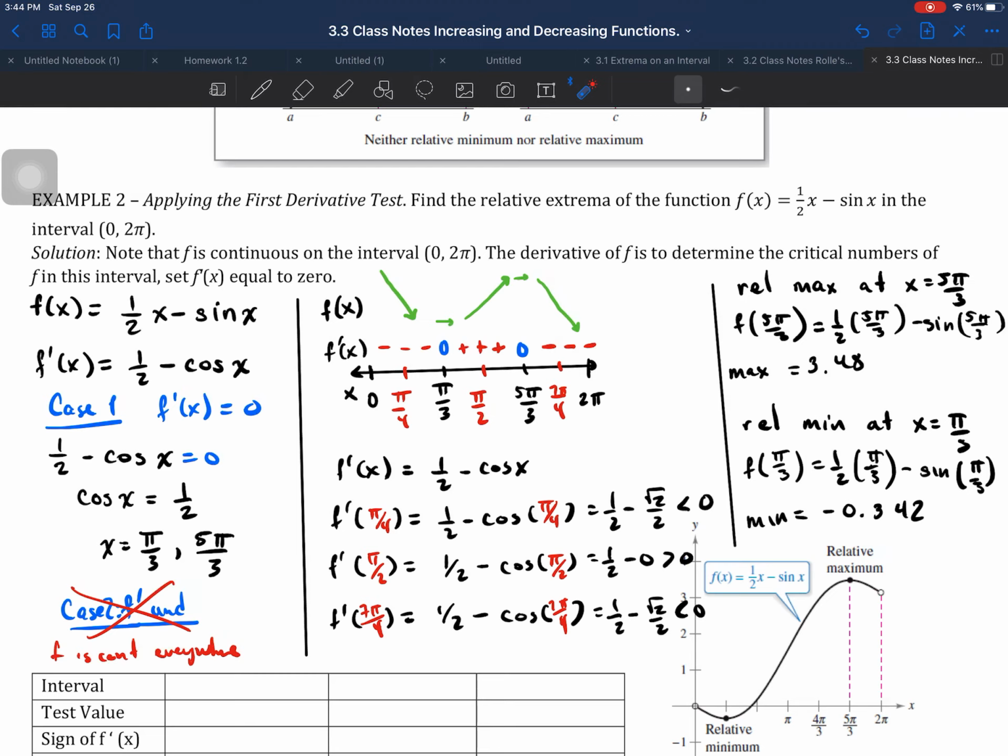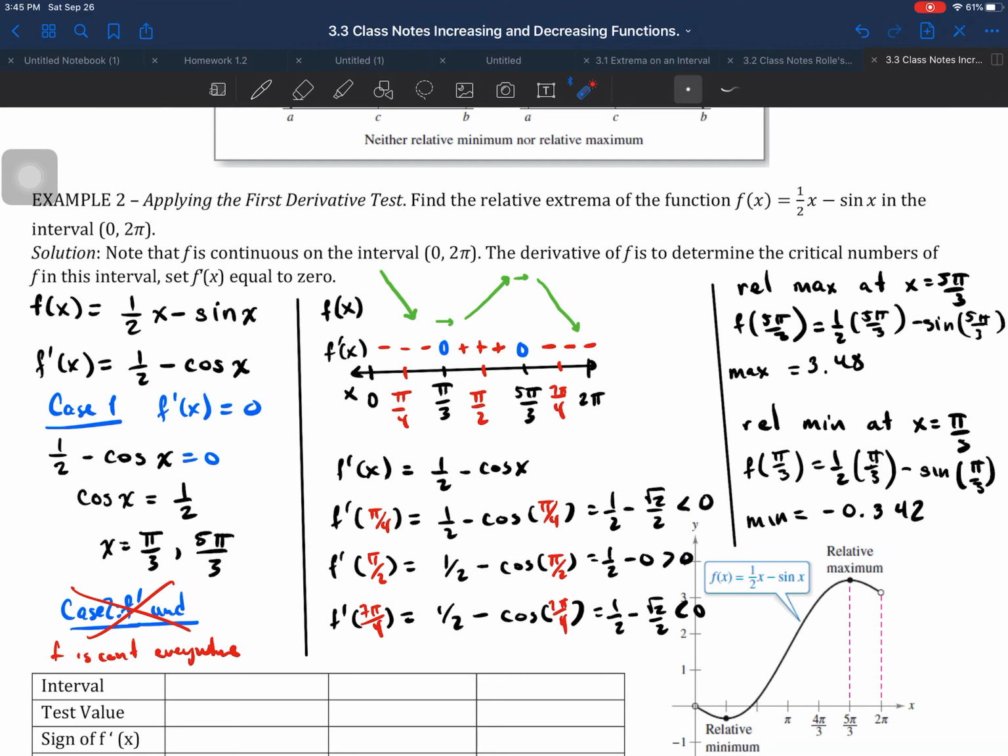So I plugged in 5 pi over 3 into the equation: 1/2 times 5 pi over 3 minus sine of 5 pi over 3, and you can put this in the calculator, that gave me 3.48. The next one, I plugged in pi over 3 into the function, 1/2 times pi over 3 minus sine of pi over 3.